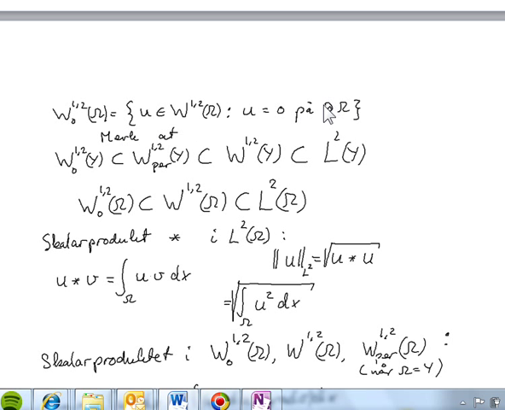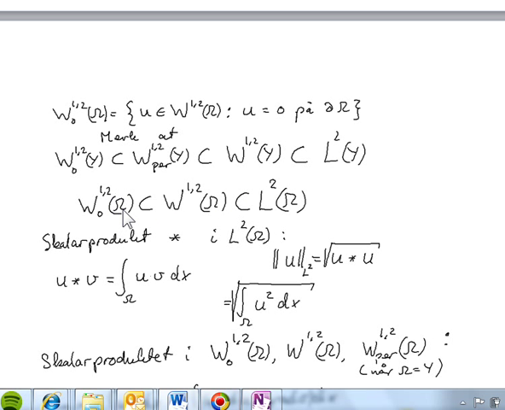But when omega is a rectangle, let's call it capital Y, then it's rather easy to see that W0 of 1, 2 of capital Y is a subset of the space of periodic functions W per of Y, and that this space is a subset of the larger space W1, 2. And the largest of these spaces is in fact L2 of omega.